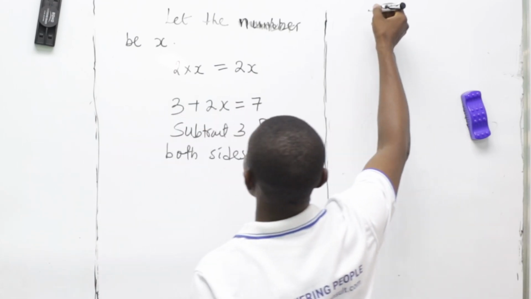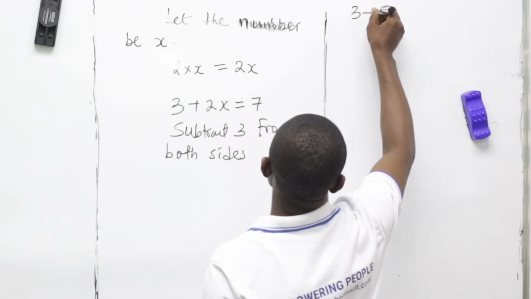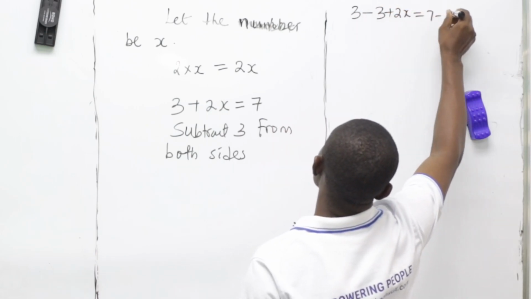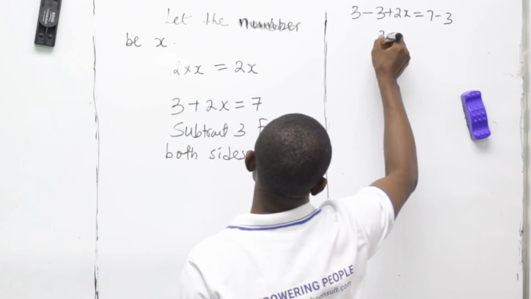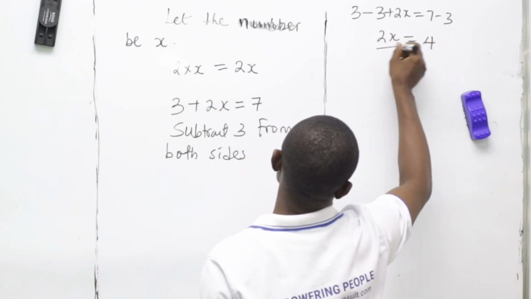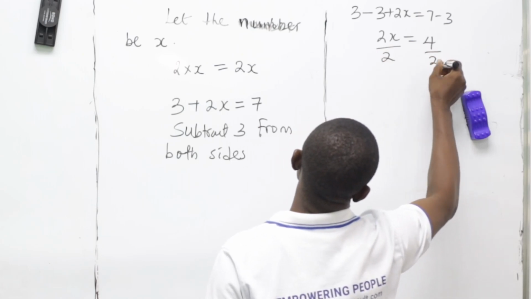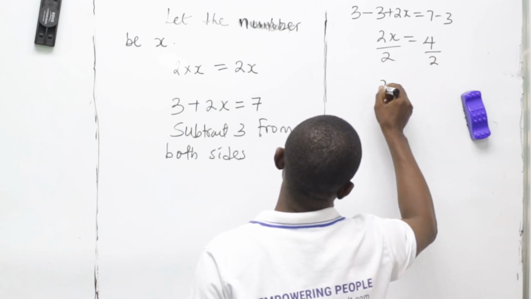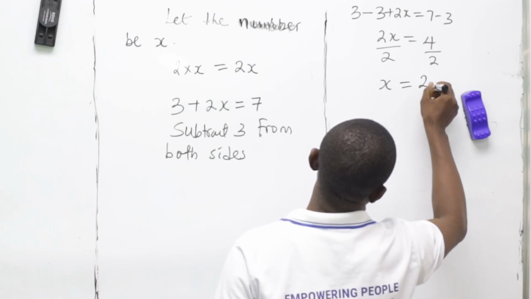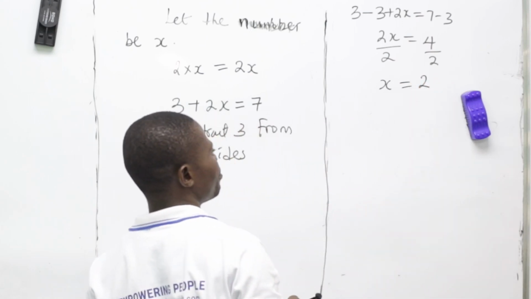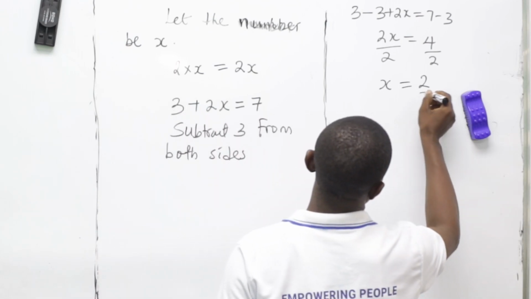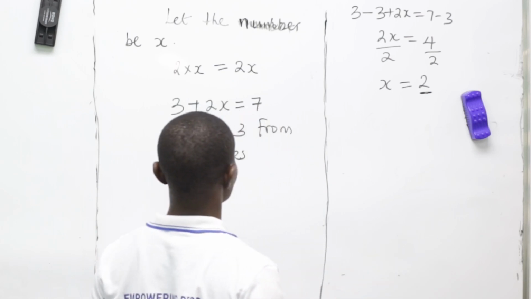That is 3 minus 3 plus 2x equals 7 minus 3. That is 2x equals 4. So that 2x all over 2 will give us x, then 4 divided by 2 will give us 2. Therefore, the number is what? 2.